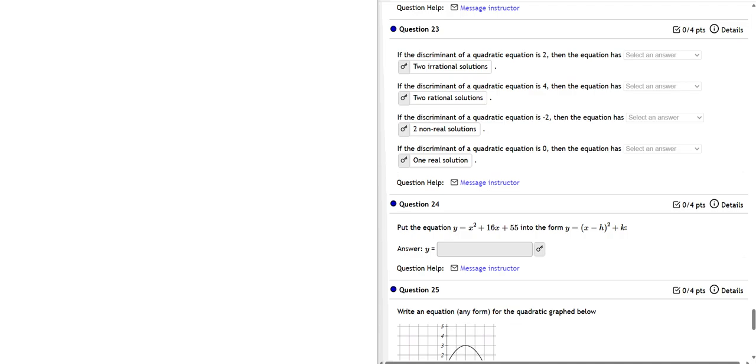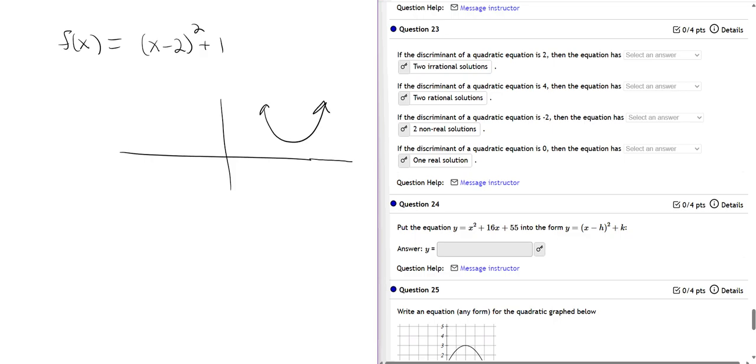So if I take the example of f of x equals x minus 2 quantity squared plus 1, that one is going to be like this, and it's going to have no solutions, or what we call them when we're talking about functions is no x-intercepts, or even more specific to functions is no zeros, meaning that the function itself can never be zero.